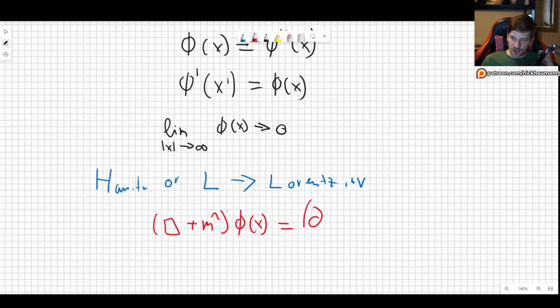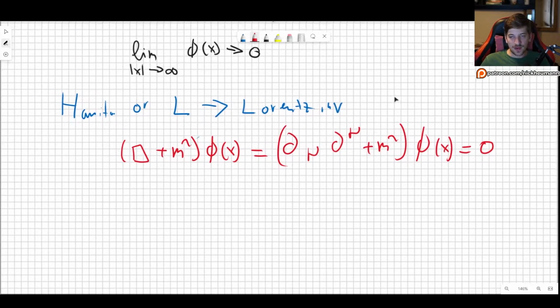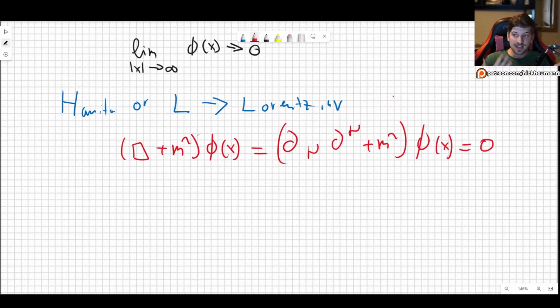And of course, if you write the D'Alembertian explicitly, it is d mu d mu plus m squared, acting on phi of x, and this has to be equal to 0. So that was the Klein-Gordon equation that we saw in the past. And now we want to find the Lagrangian density that takes us to this equation.